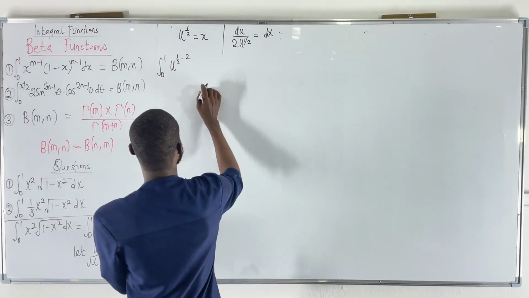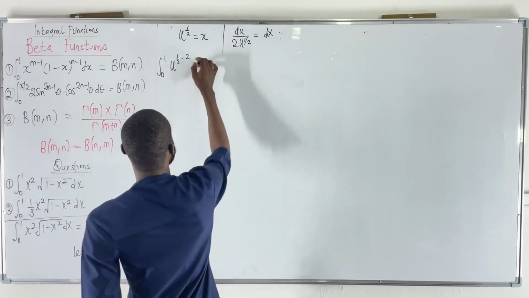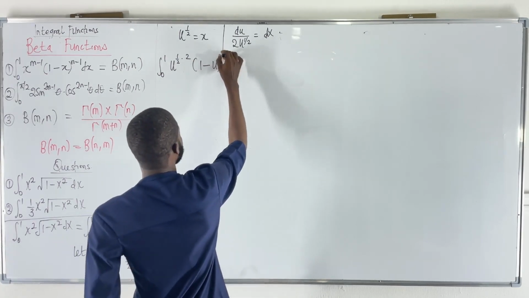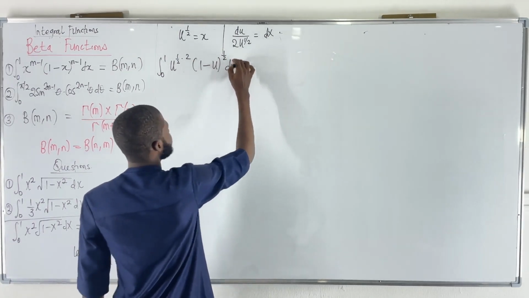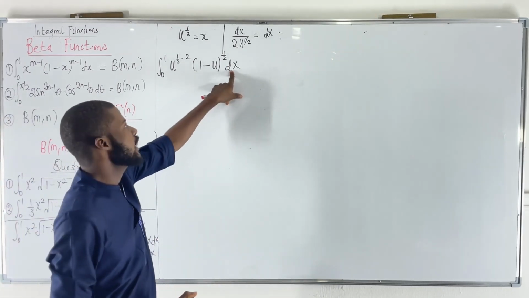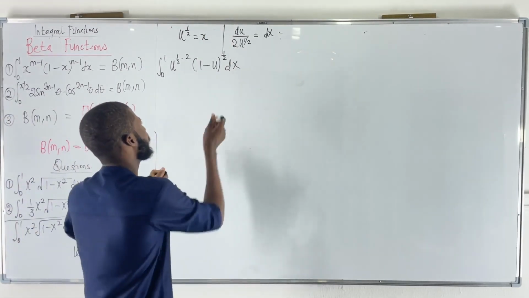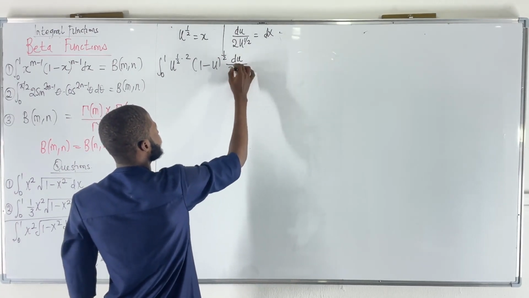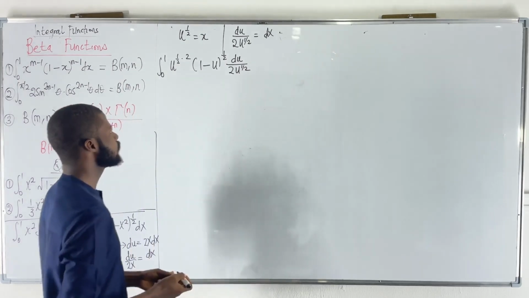So to save myself the stress, 1 minus u, and that's raised to the power of half. And then dx. But remember that dx will not be written anymore. Instead, dx is du divided by 2u to the power of half.